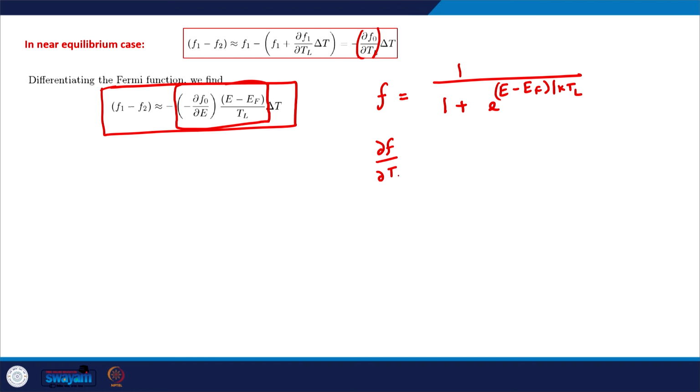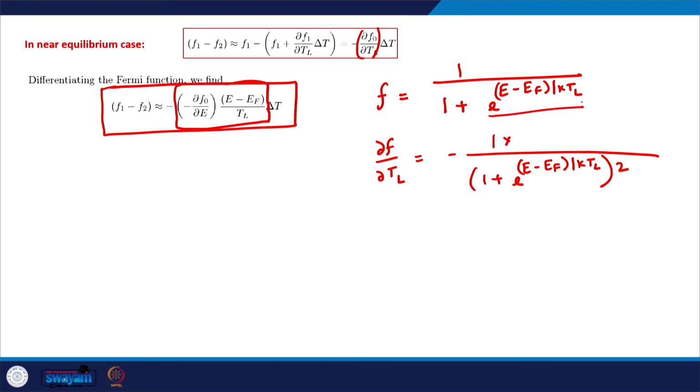So if this is TL, del F by del TL would be minus 1 divided by (1 plus exponential E minus EF by KTL) square, times the derivative of just this. So the derivative of this will be exponential E minus EF by KTL, times the derivative of this, which will be E minus EF divided by TL square, minus.